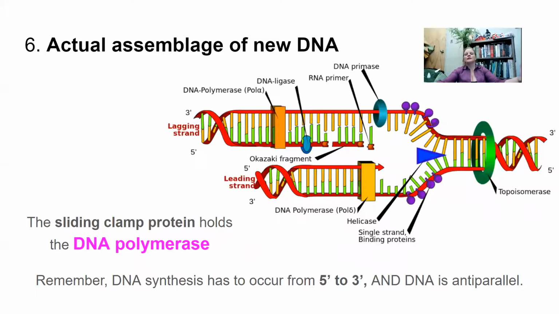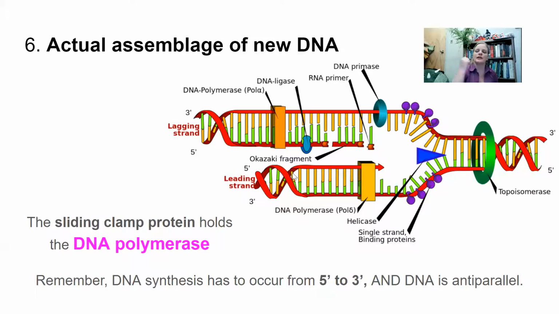So now we get to the LeBron James of the DNA replication world. We have our polymerase that is actually copying that. In here are these little boxy, orangey yellow things.